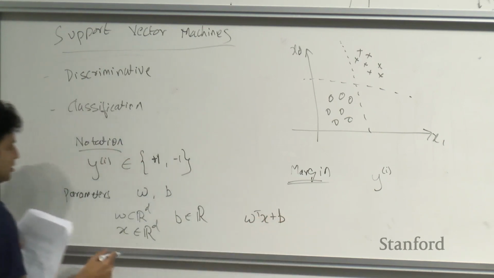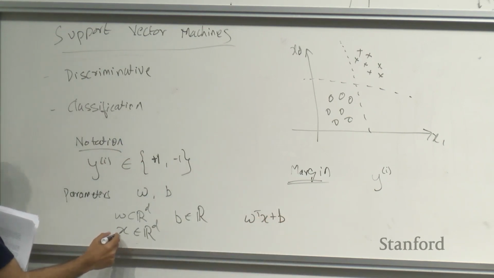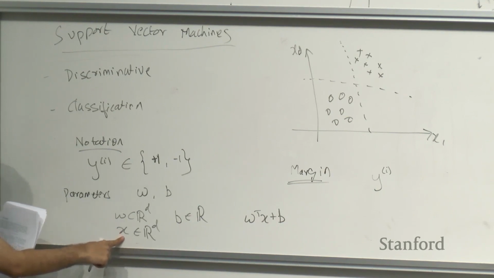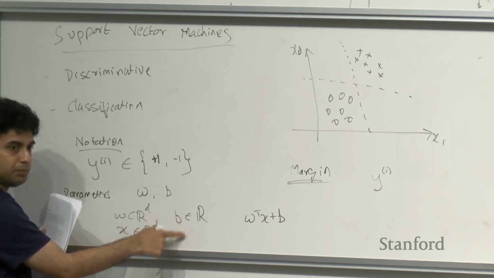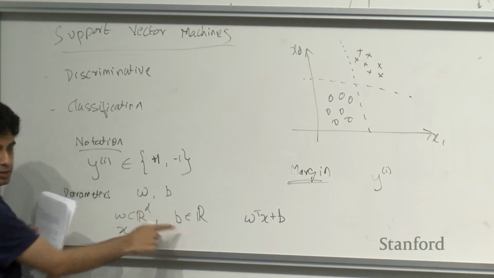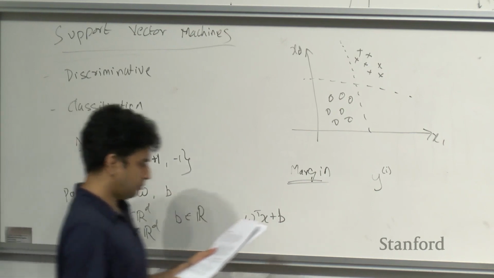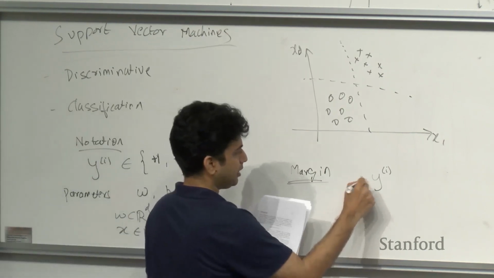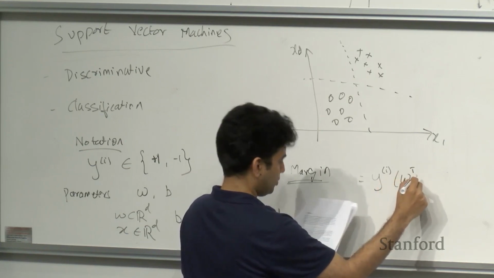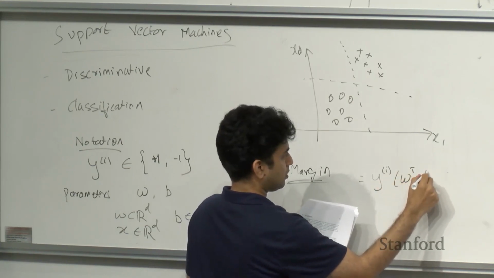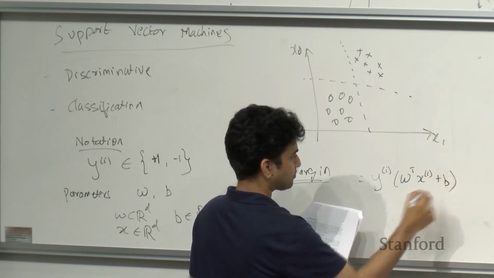What this basically means is we assume we are not loading the intercept term x naught equal to 1 into our examples, and we are going to have an explicit, separately written-out parameter called B in place of an intercept term. Right? So the margin is defined as yi times (W transpose xi plus B).